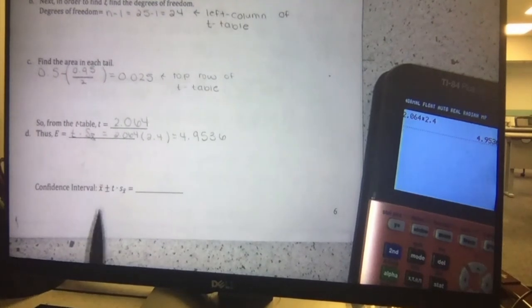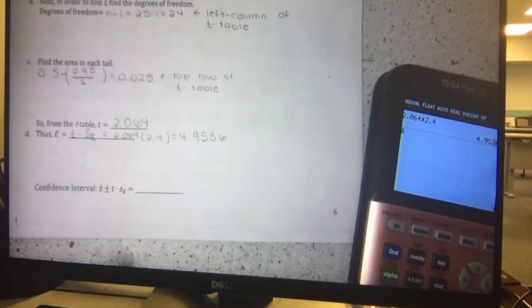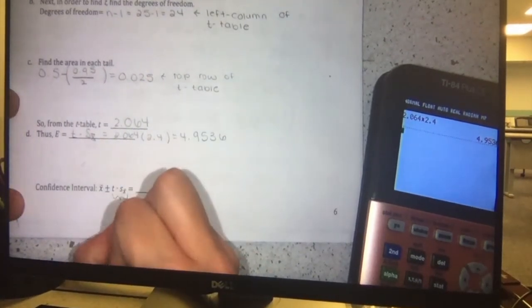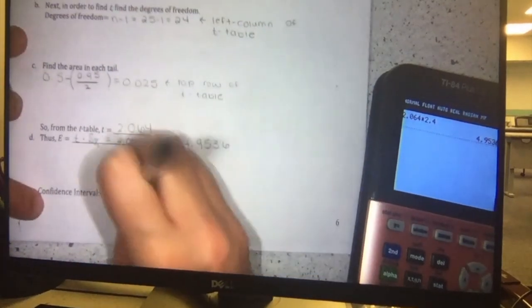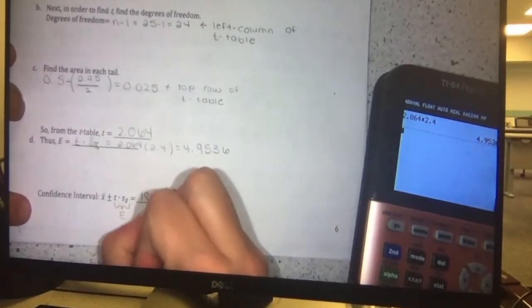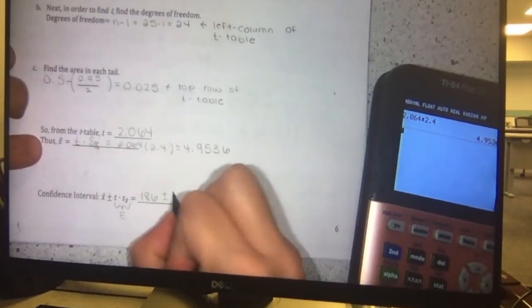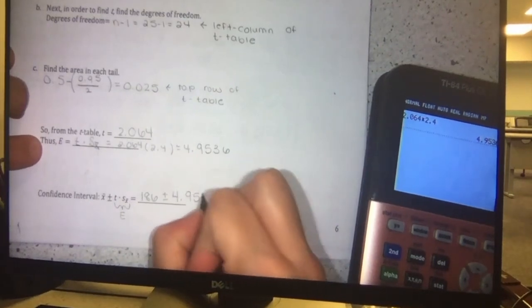So our confidence interval is X bar plus or minus our error. So X bar, which is 186, plus or minus our error, which is 4.9536.